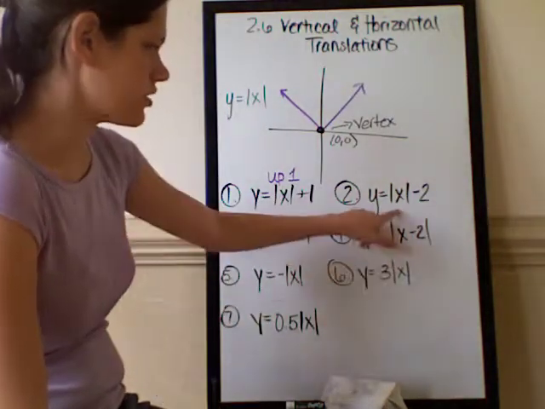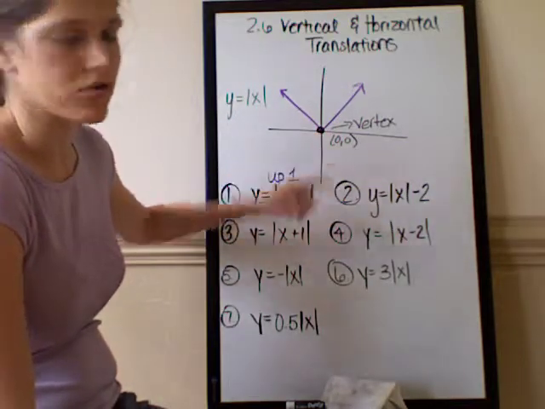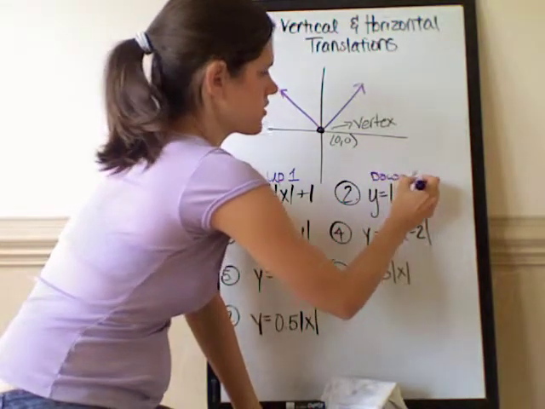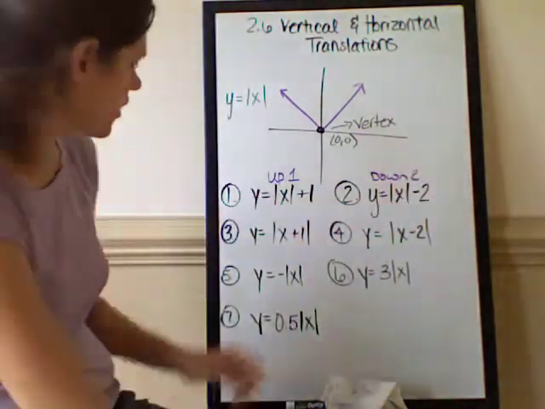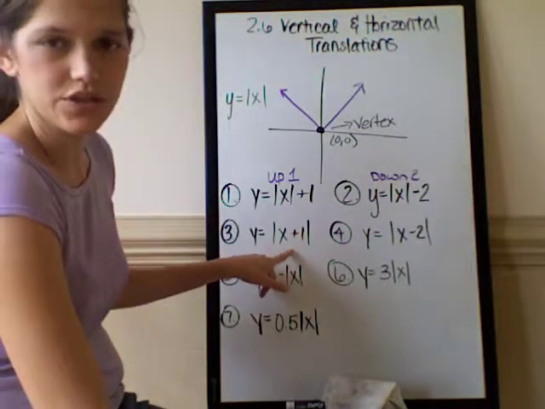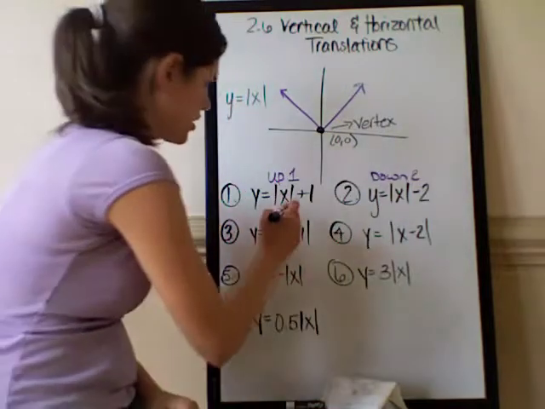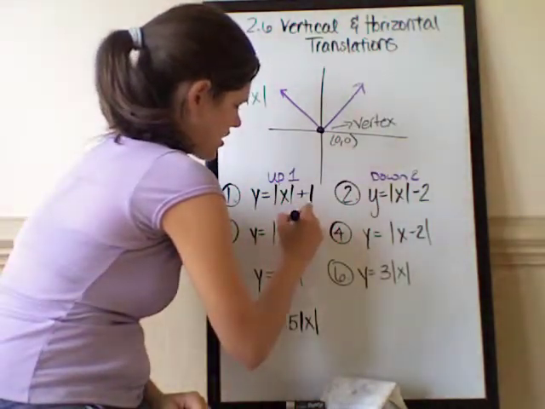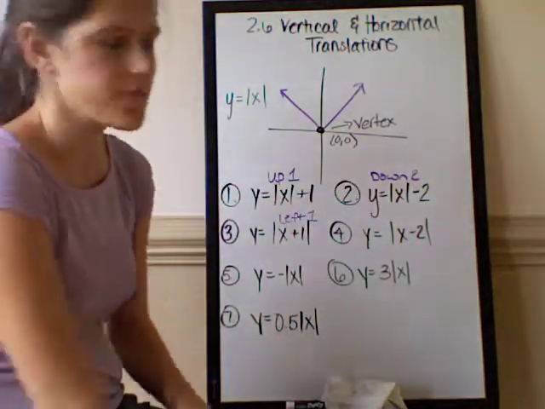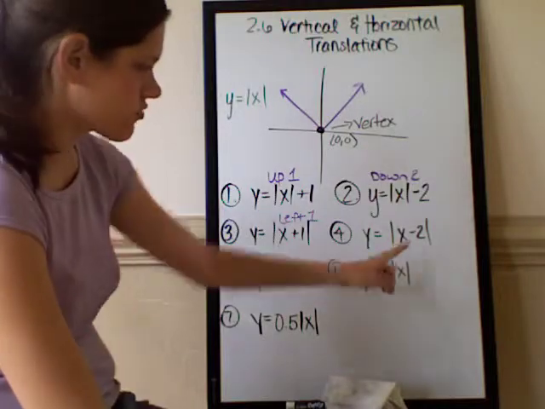On your second one, you should have hopefully seen that your parent function moved down 2. Okay. All right. Now let's go to the third one. When you did this one, you should have seen that your parent function moved to the left 1. Okay. All right. Number 4, you should have seen that this moved to the right 2.